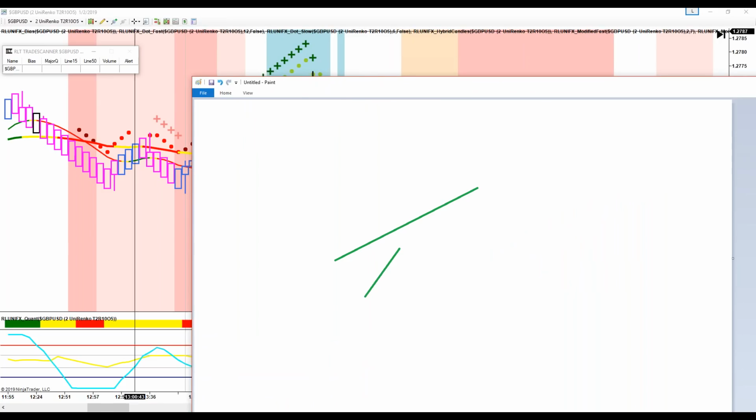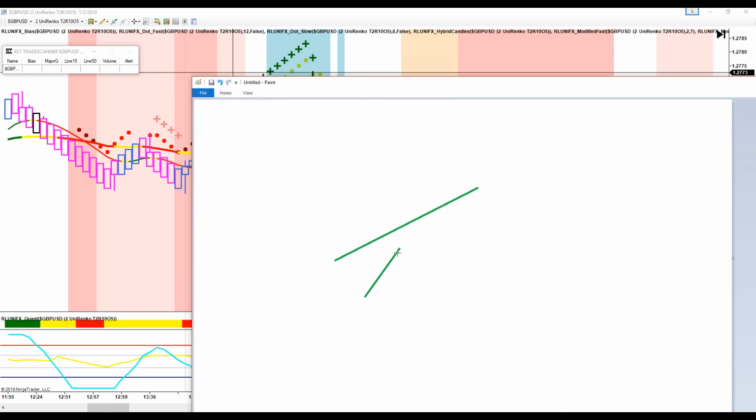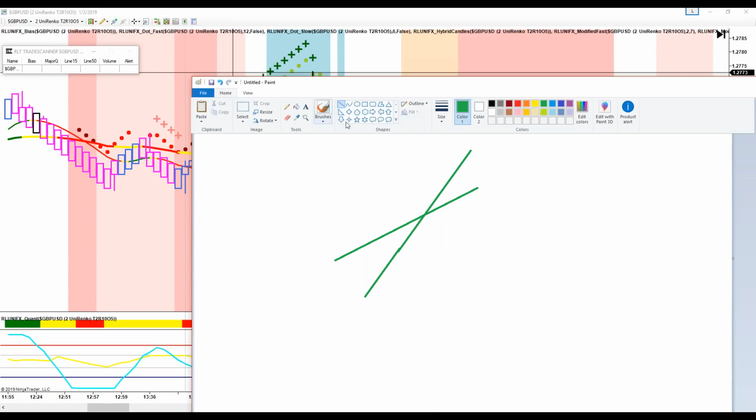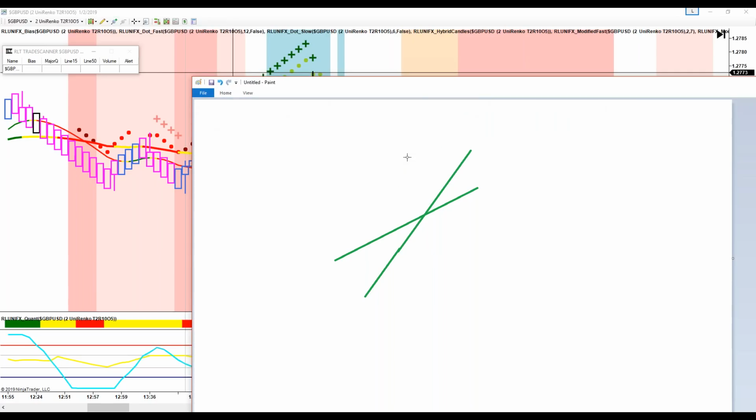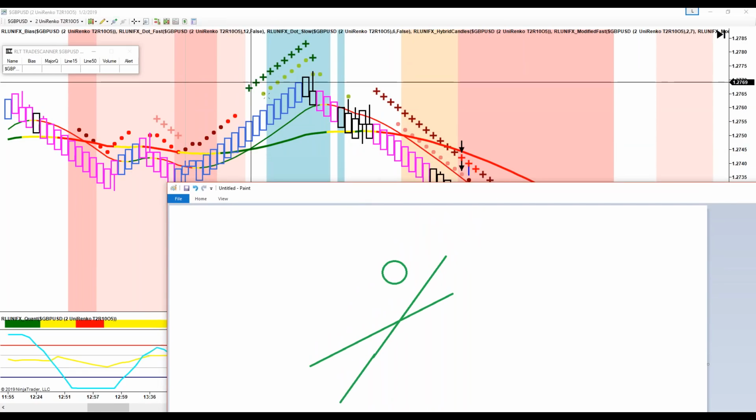Then when the 15 crosses the 50, now price has always got to be above the 50 and the 15, no matter where the 15 is. Now you've got the darkest color here.